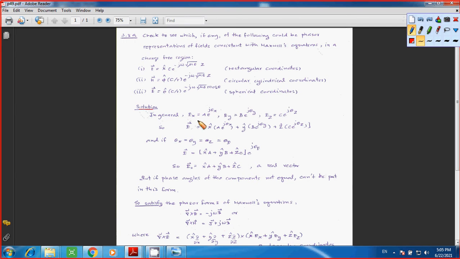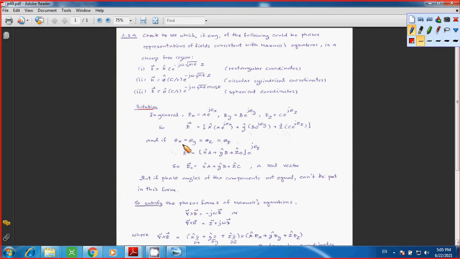Okay, in general, if I have Ex equal to a constant a e to the j phi x, Ey equal to b e to the j phi y, and so on for Ez, you can write the electric field in x, y, and z components as shown.